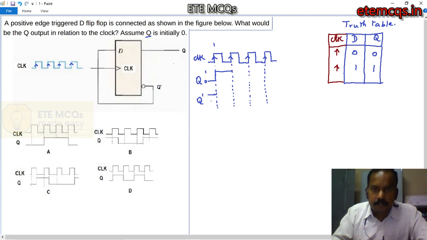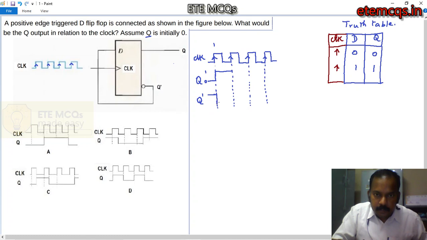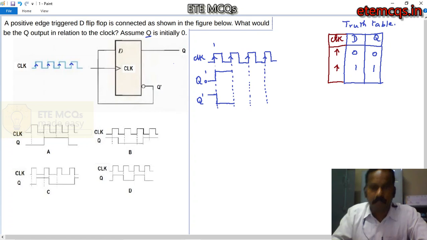And since Q has become 1, Q dash becomes 0 at the same instant, and it remains 0 until the next positive edge triggering.